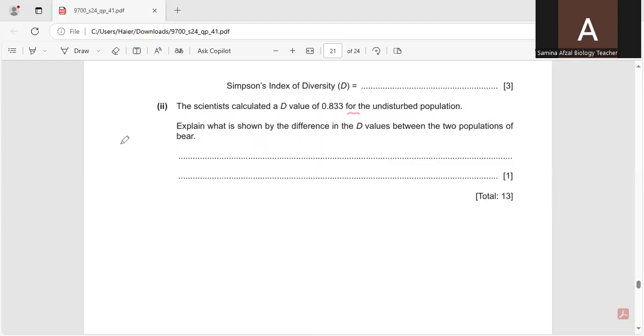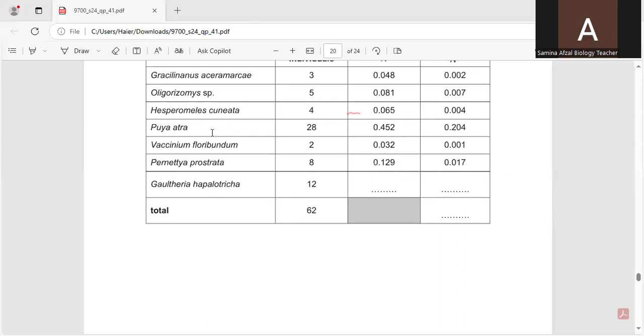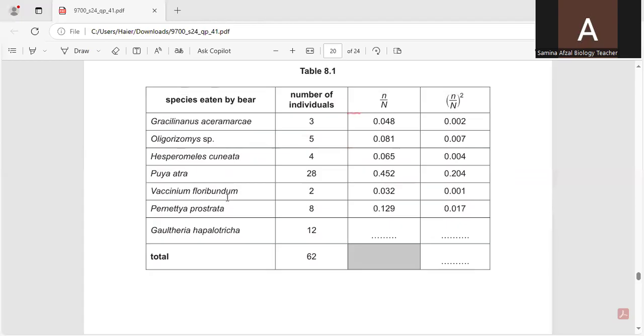Explain what is shown by the difference in the D values between the two populations of the bear. We will move to the diversity of the two populations, which is different in these species.